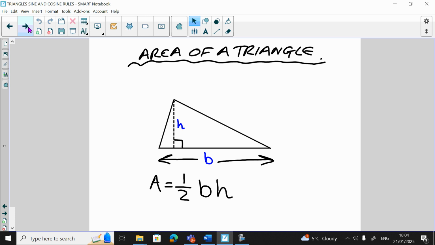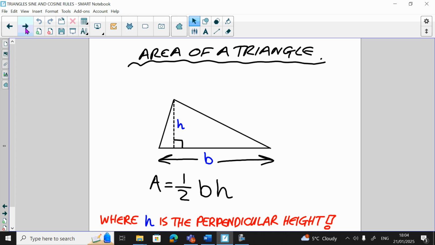So b is what I would refer to as the base length, and h, and hopefully you notice there, I've got a little square in there. That means that's at right angles to b. So h is a perpendicular height. So this only works if we know what the base length is and the perpendicular height from that base length up to that pointy bit at the top.